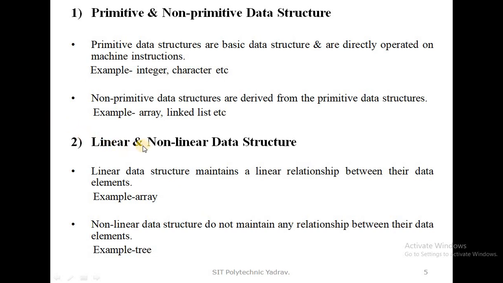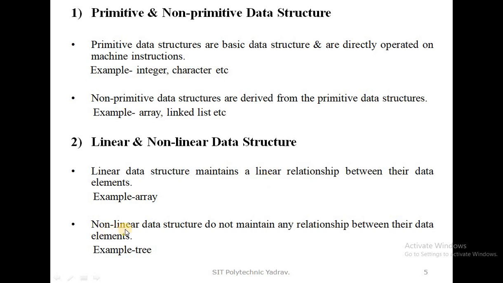Next, linear and non-linear data structure. In that, linear data structures maintain a linear relationship between their data elements. For example, array. Means what? In a linear data structure, the elements have a relationship with each other in a linear way.